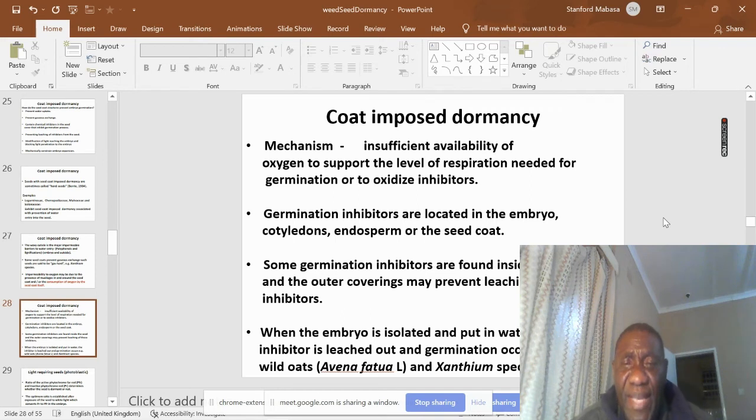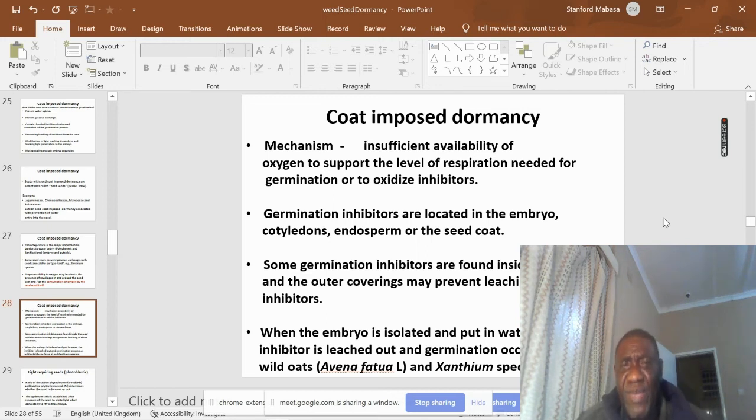Some inhibitors may be found inside the seed, and the outer coverings may prevent leaching of these inhibitors. So sometimes when you soak these seeds, the inhibitors will remain inside, and therefore the germination process is not going to take place.